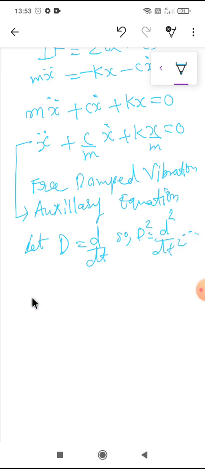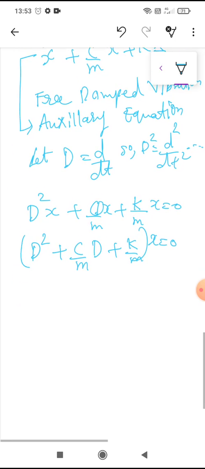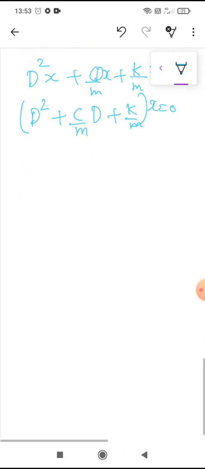So from x double dot we'll get D square x, plus c by m D x, plus k by m x equal to 0. If I take x as common, I will get D square plus c by m D plus k by m, times x, is equal to 0. If I take x to the right hand side, it will be multiplied or divided by 0, so we are left with this term.